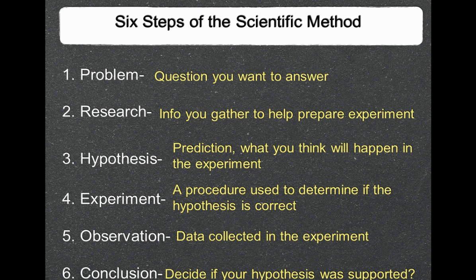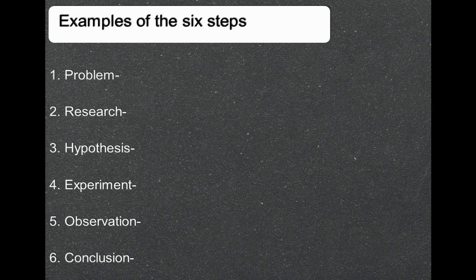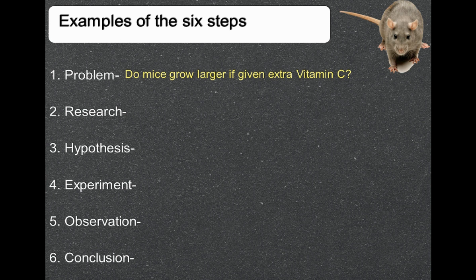So let's think about an actual example. That's a rat, right? Let's think about an experiment in which we are going to ask a question. The question we're going to ask in this example, I guess it's mice, is: do mice grow larger if they're given extra vitamin C?